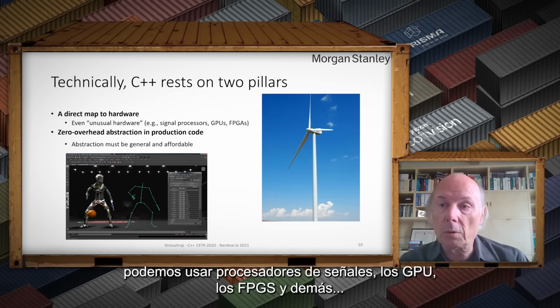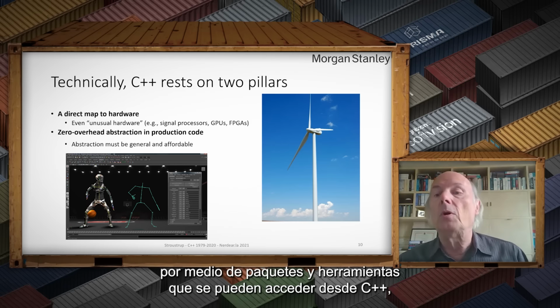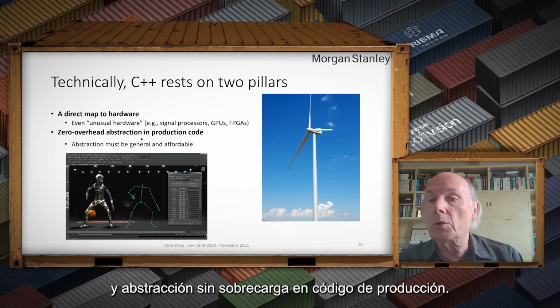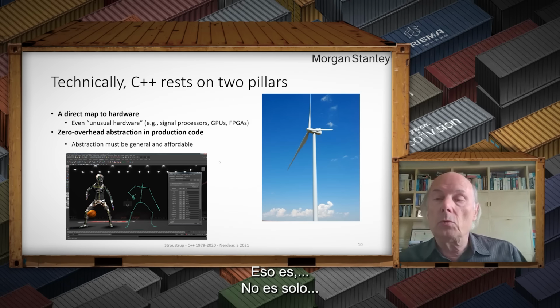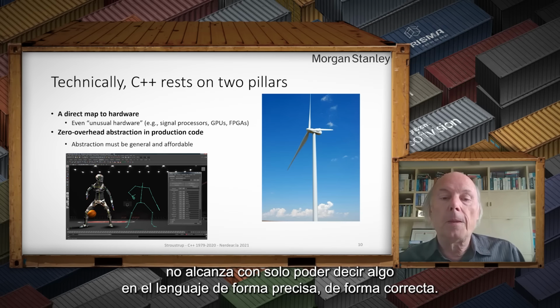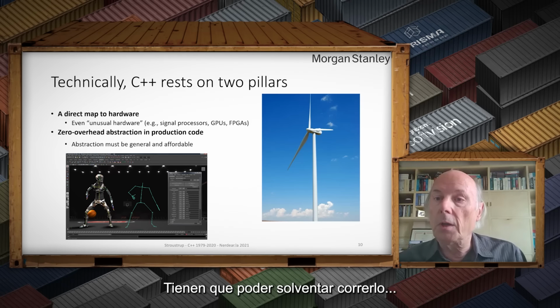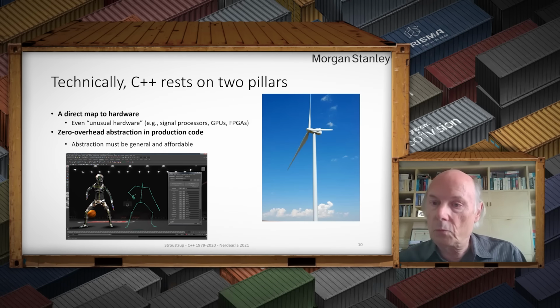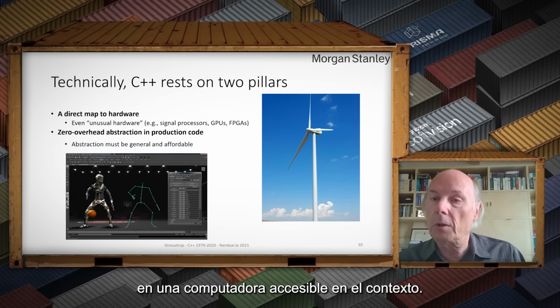We can get to signal processors, GPUs, FPGAs and such through packages and tools that you can access from C++, and zero overhead abstraction in production code. That is, it's not good enough just to be able to say something in the language precisely, directly. You also have to be able to afford running it on a computer that is affordable in the context.